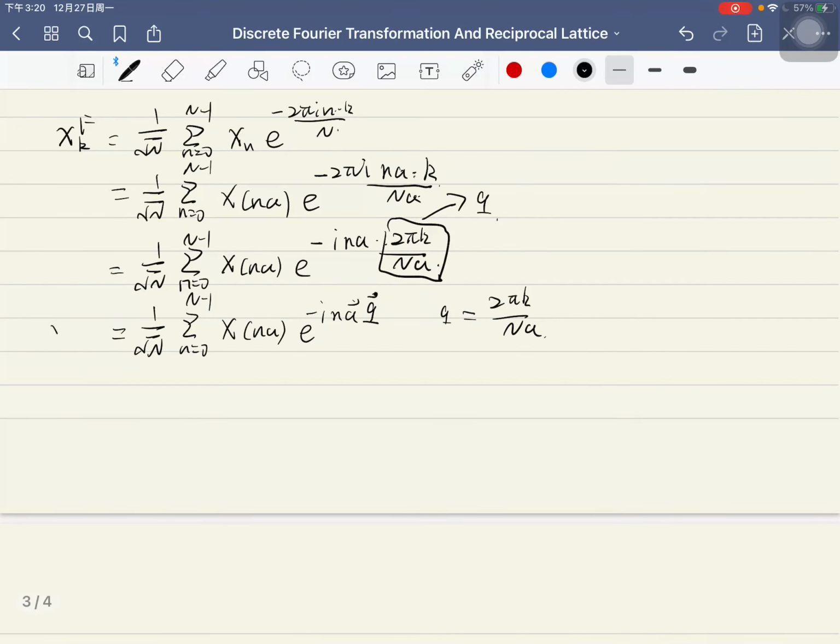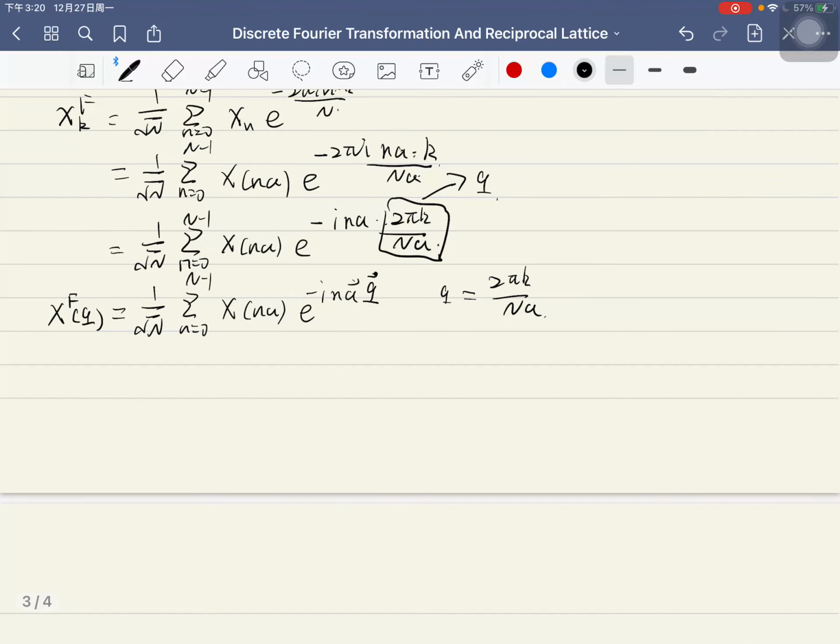So this should be written as x_q^F, where F is the index of the Fourier transformation, x_q.